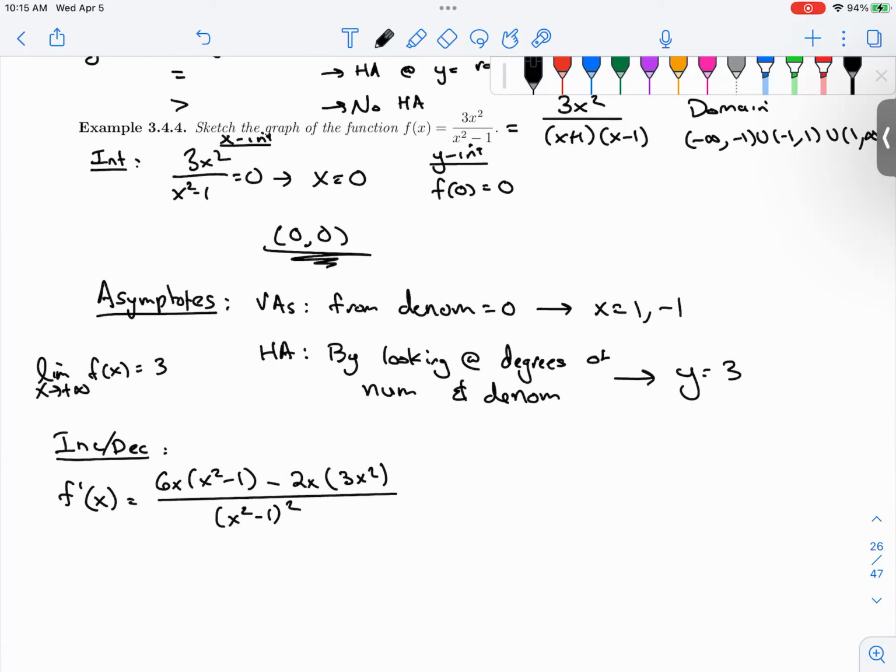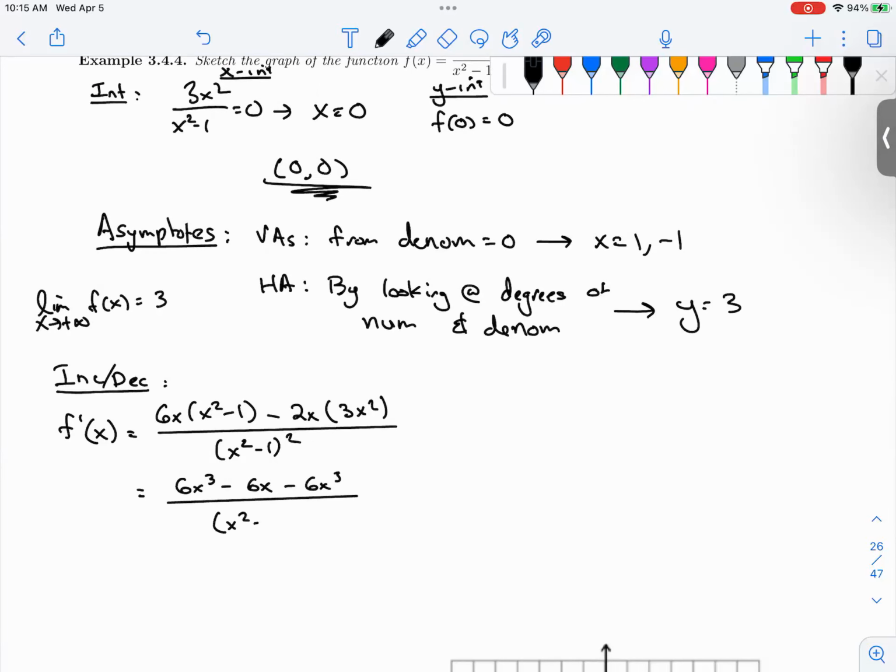Which ends up being, if you simplify it, 6x cubed minus 6x minus 6x cubed, all divided by x squared minus 1 squared. And isn't that nice? The x cubed cancel, so we don't have to deal with a cubic.